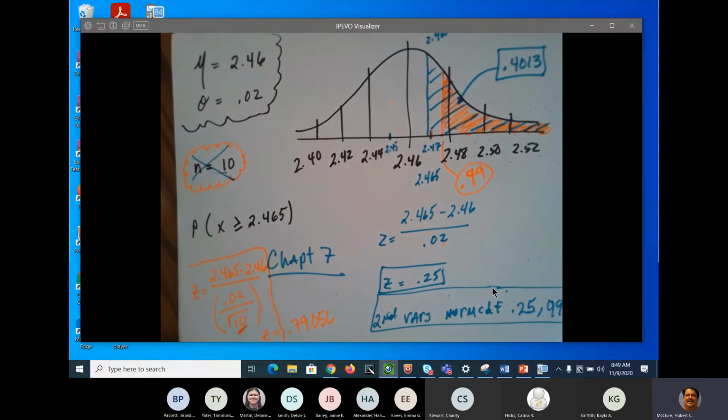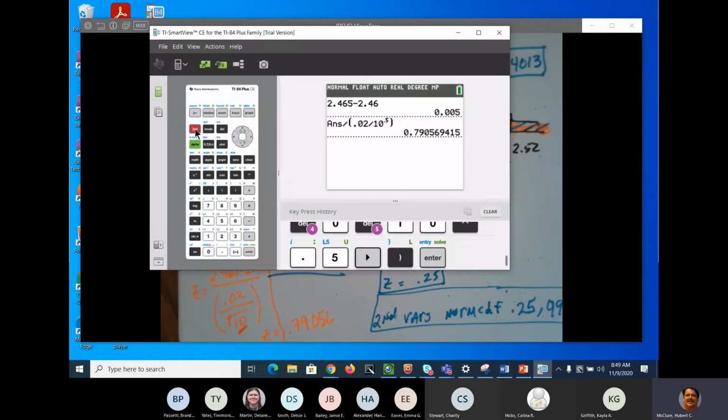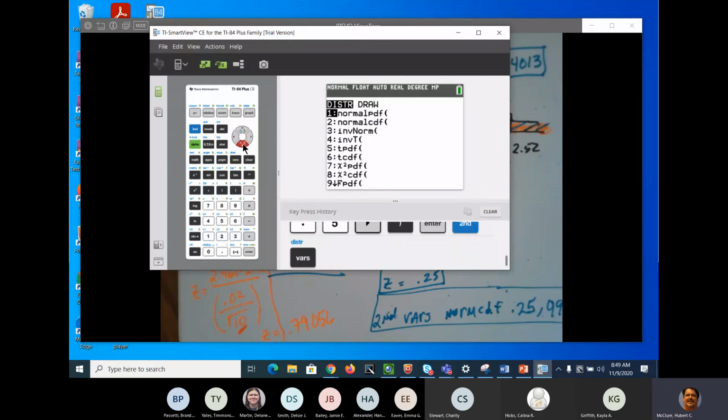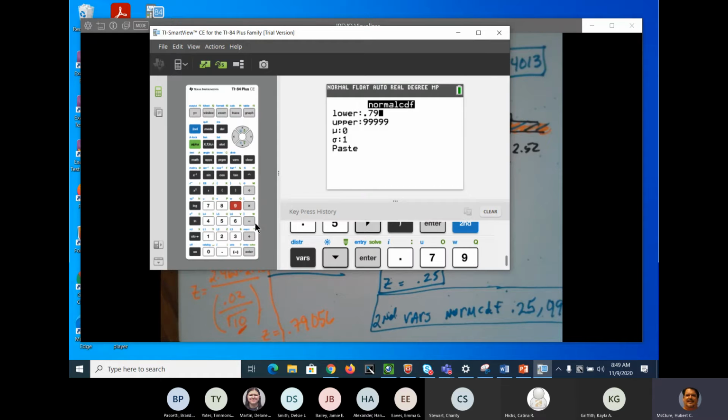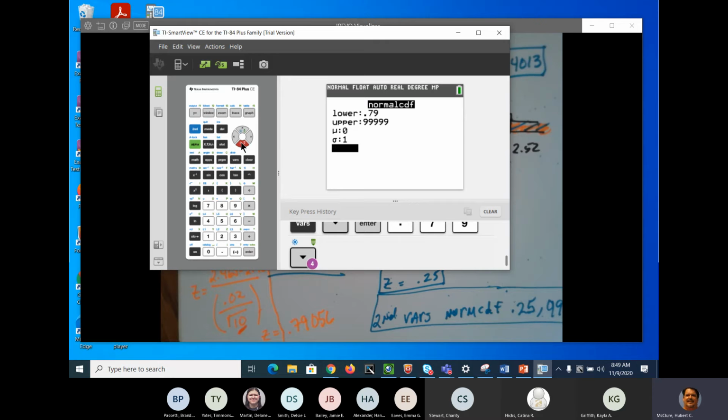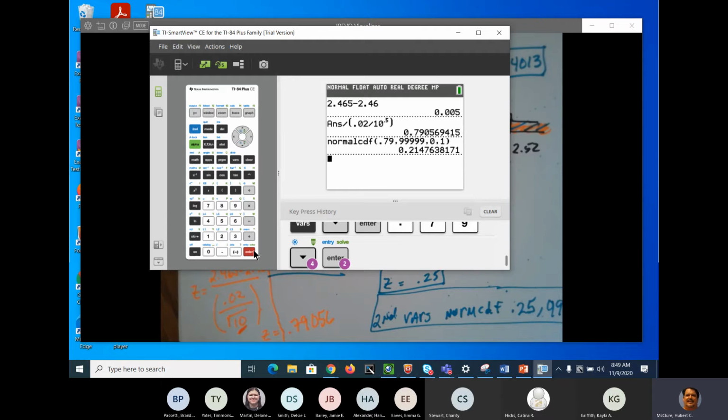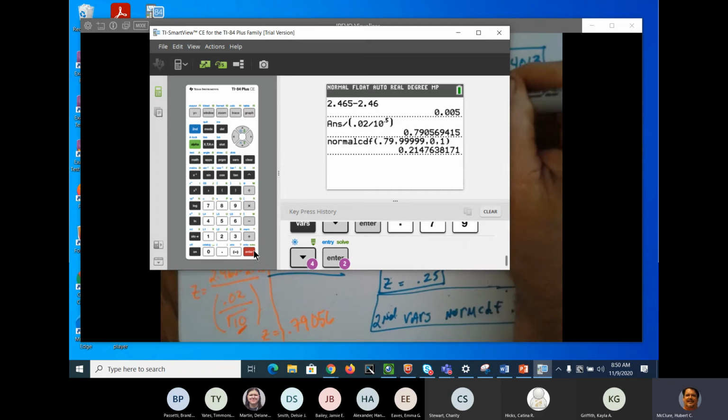So let's find our area. Take my handy dandy calculator, and I'm going to do second vars, normal CDF. Now I've already got everything in there except for the 9999. I just have to put in 0.79, and paste. 0.2148.